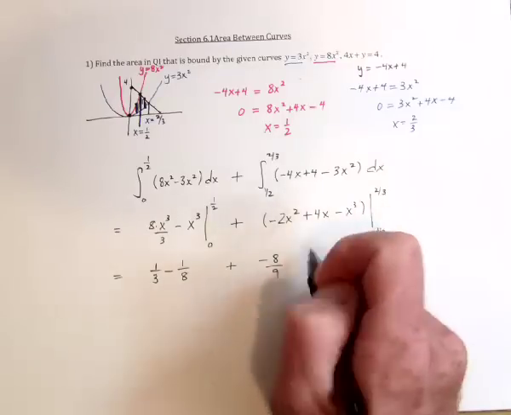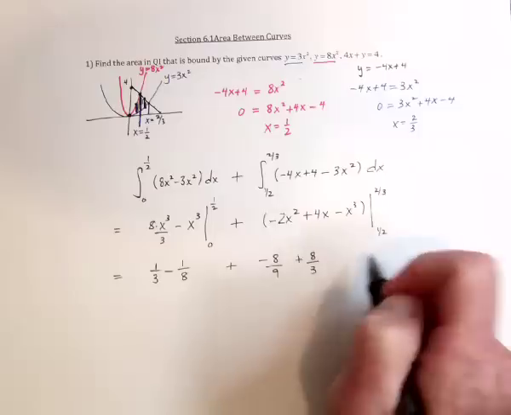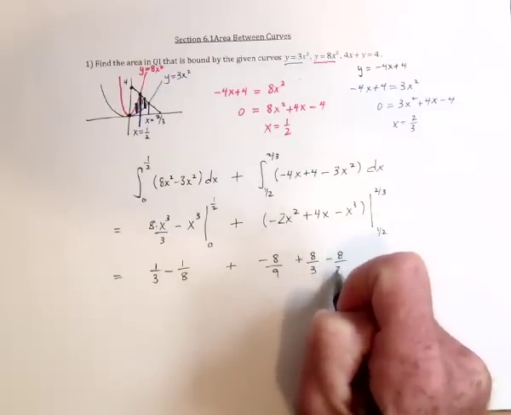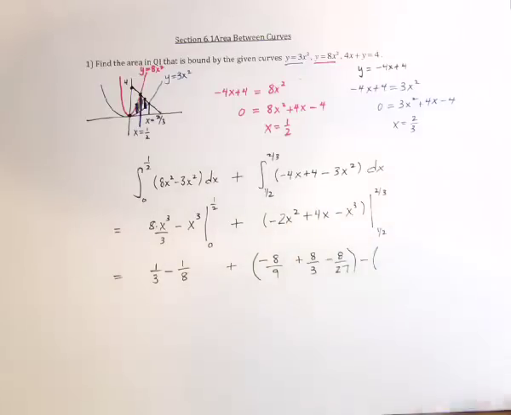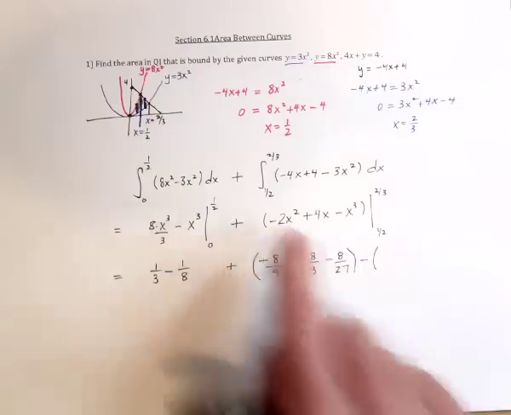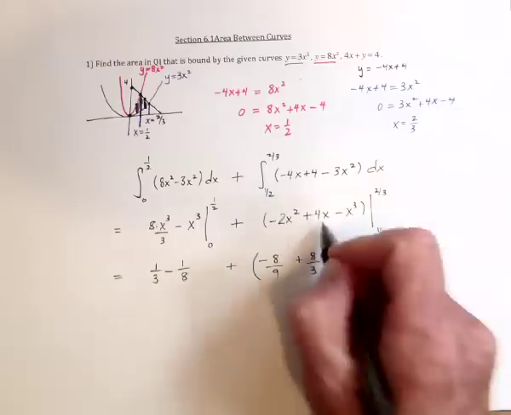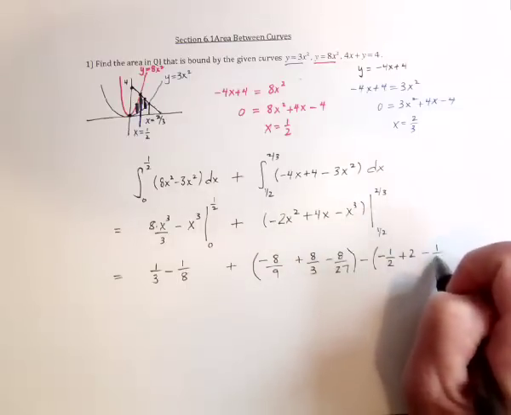This is going to be 2/3 substituted in there. And then 2/3 cubed is going to be 8 over 27. Alright, now substitute a 1/2. So that would be 1/4. Multiplying by that makes it negative 1/2. Half of 4 is 2, and then 1/8.